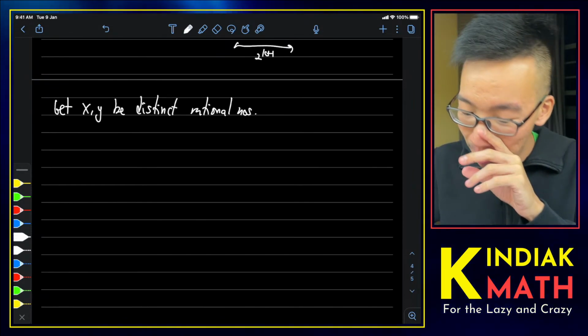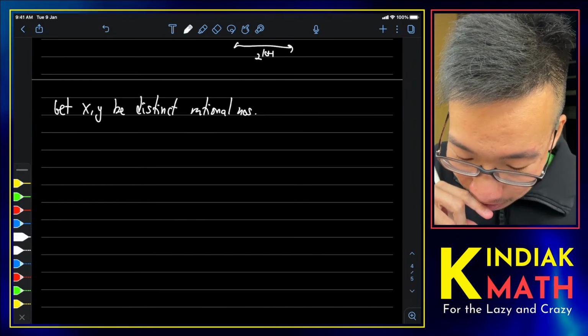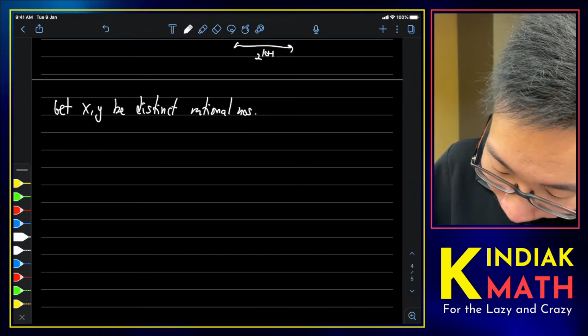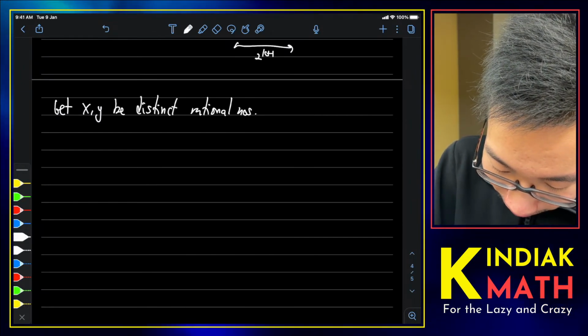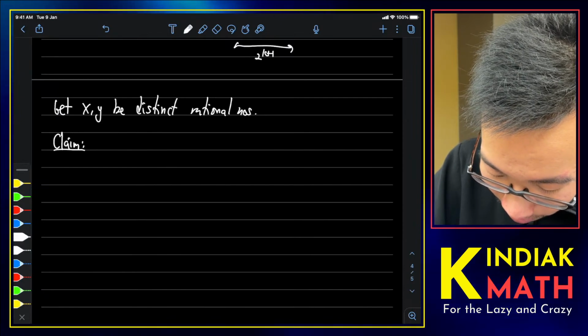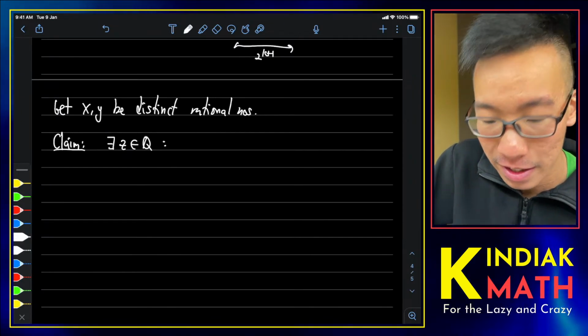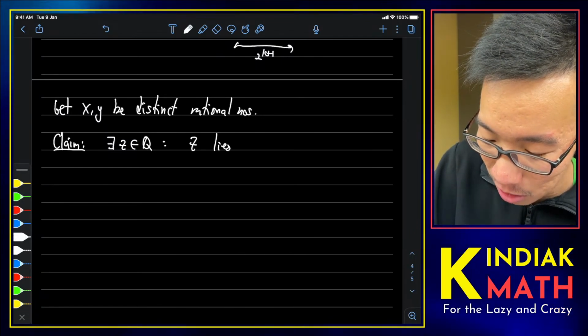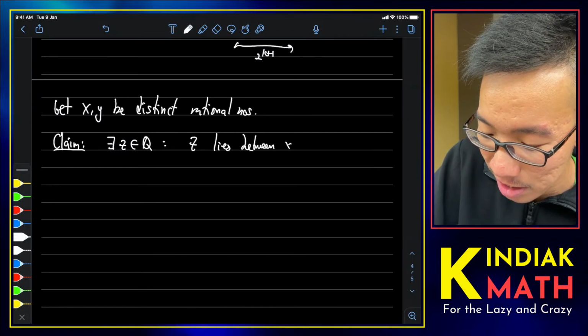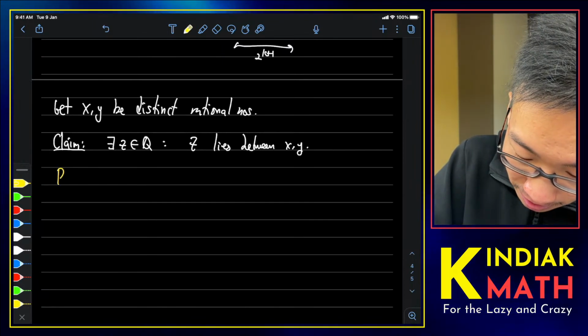But we're going to explain that in a moment. Now, x and y be distinct rational numbers. What does that mean? The claim is that there exists a rational number z such that z lies between x and y. And what's the proof of this claim?